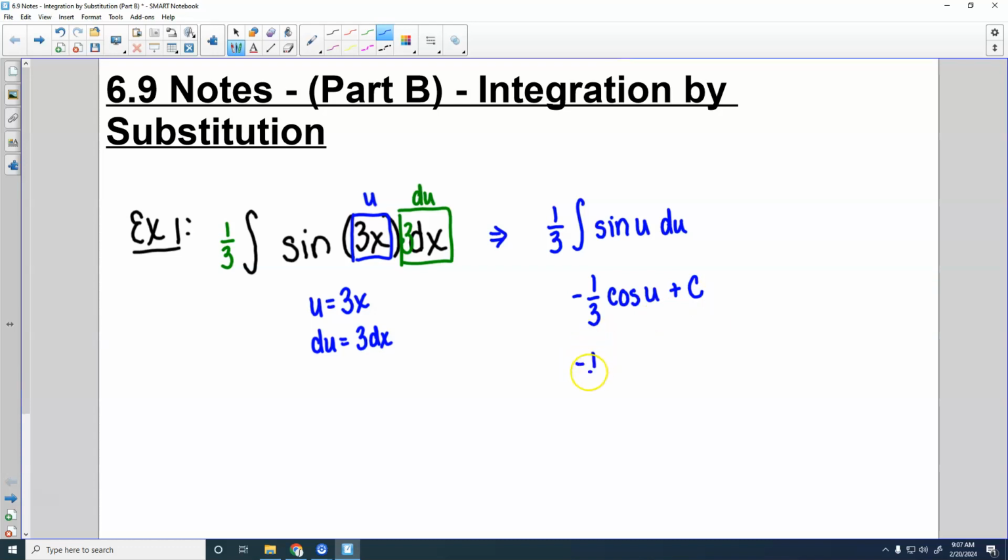So I'll get negative 1/3 cosine of 3x plus c. And that would be my answer. Okay, questions?